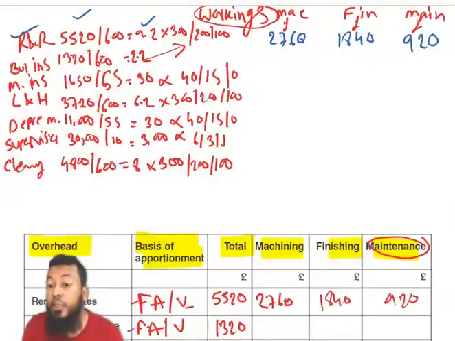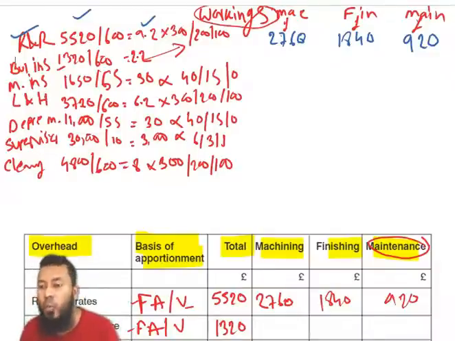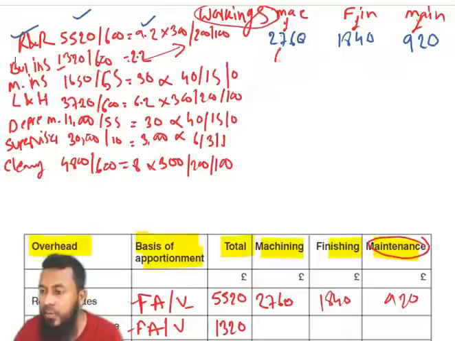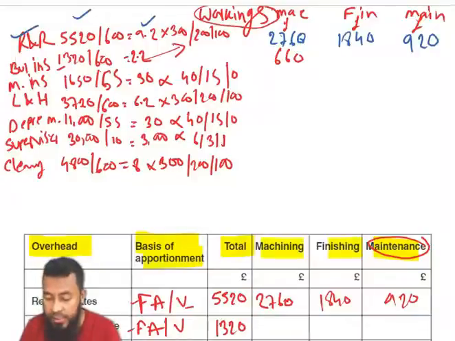Okay, building insurance. The total value of the building insurance 1320 divided by 600 gives you 2.2, and you follow times 300, 200 and 100. So 2.2 times 300, I get 660. You can do it with the calculator if you are sitting with one, and if I'm getting anything wrong, you can tell me.